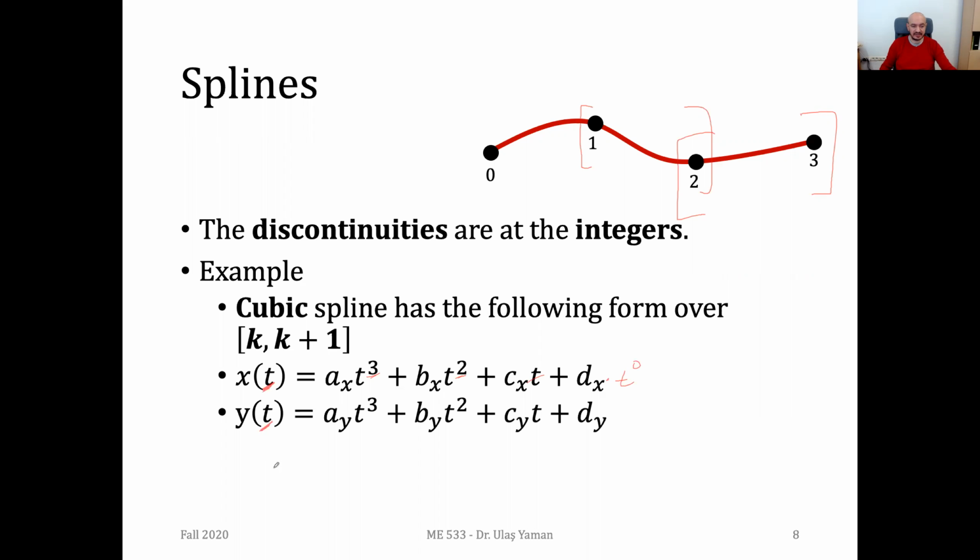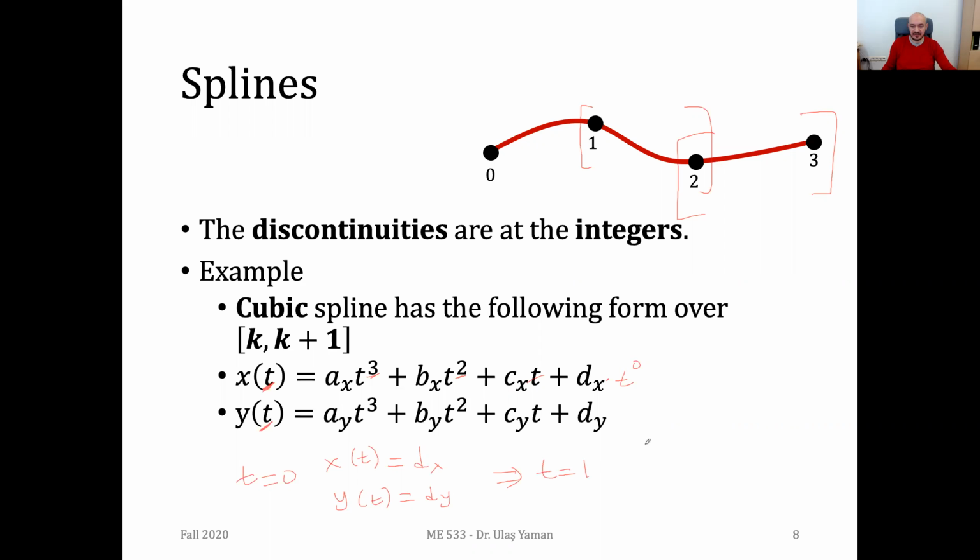So for instance, if t is equal to 0, then what will be the x of t? It will be simply equal to dx, right? And again, y of t will be equal to dy. For the maximum value t1, t is equal to 1.